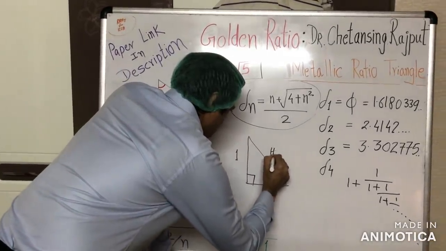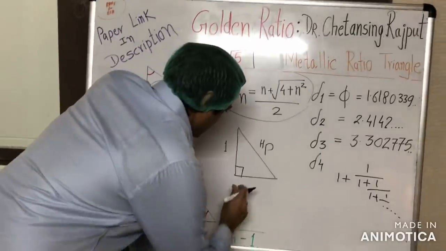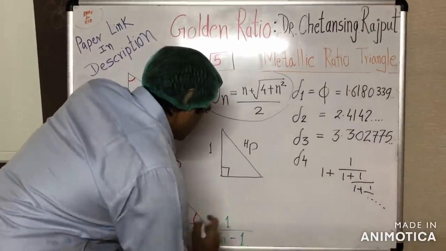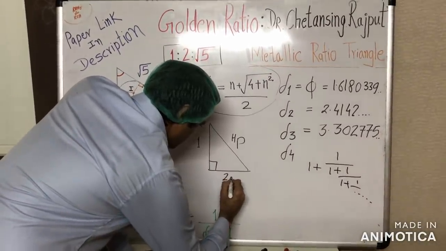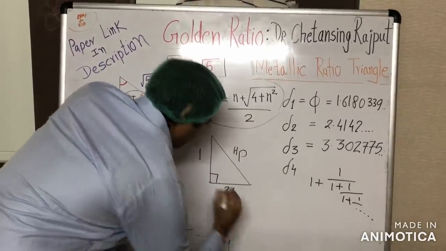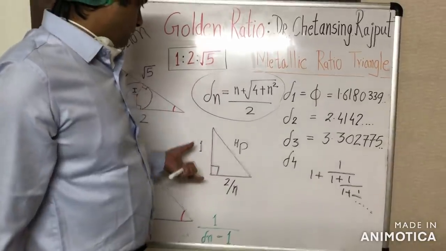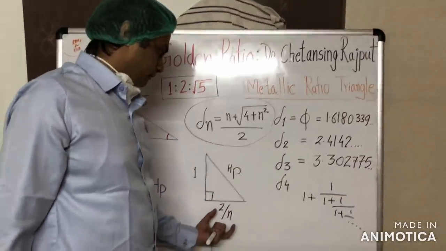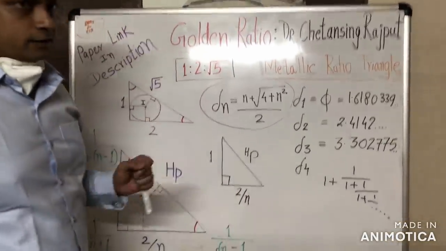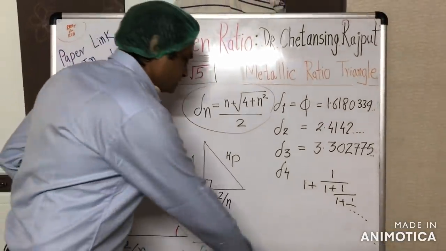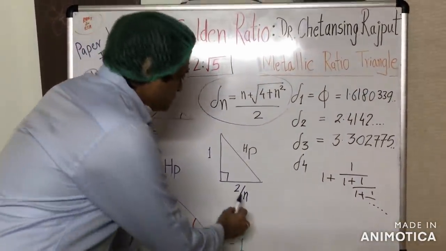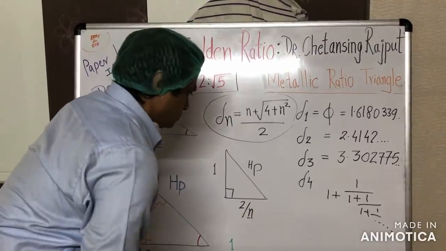This is hypotenuse, and the other cathetus of this right triangle is 2 upon n. Look at two catheti of this triangle, 1 and 2 upon n.